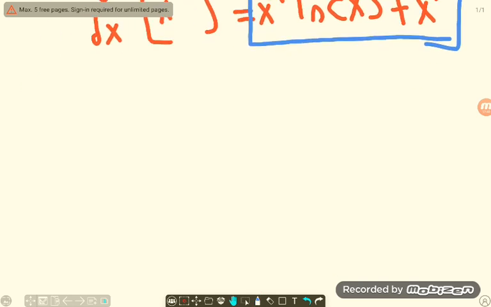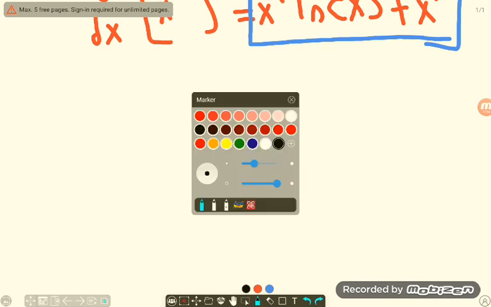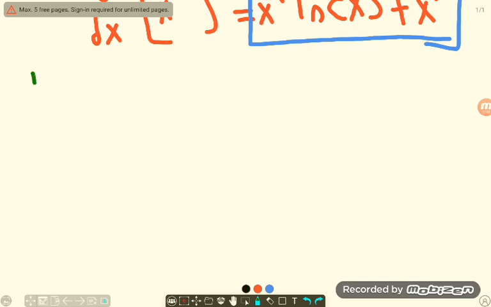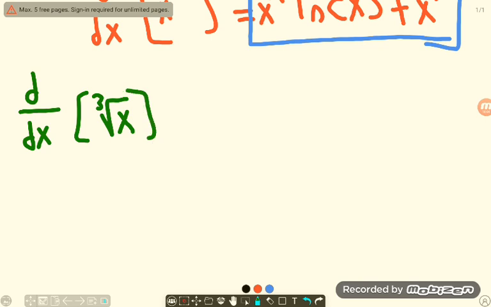Okay, now let's get the derivative of the inner function. So let's pick a different color. I like to be a color man. So we want to get d/dx of the cubic root of x.